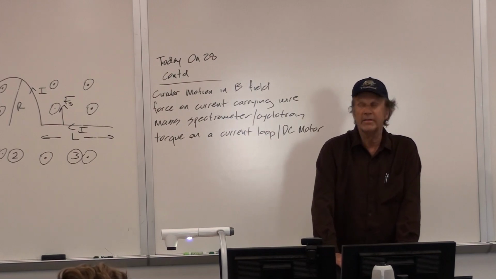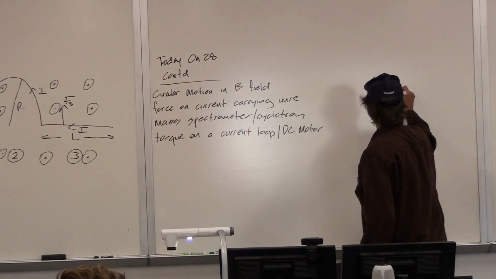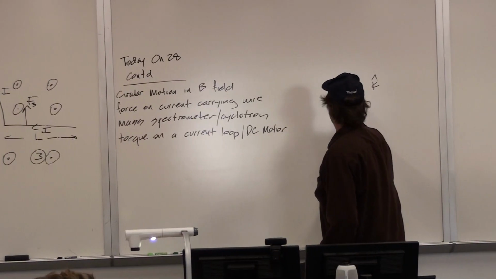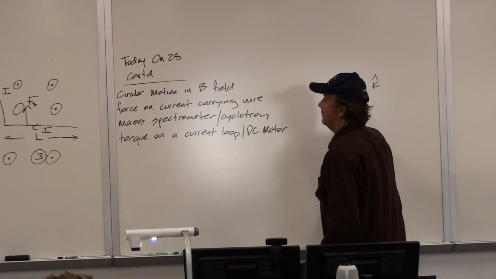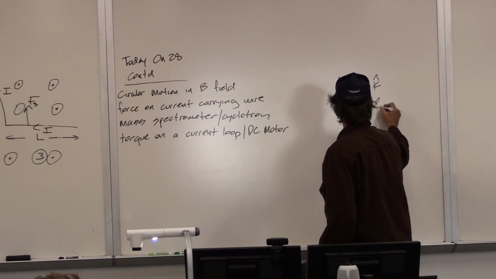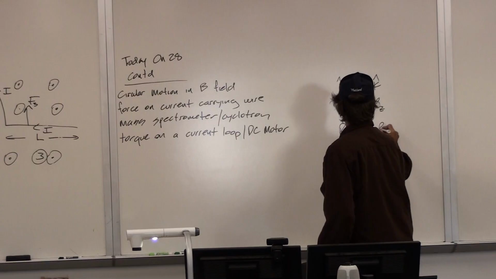And so we'll talk more about that later. If you do determinant, you have something like I, J, K hat, and then here you have Lx, Ly, Lz, and then Bx, By, Bz.